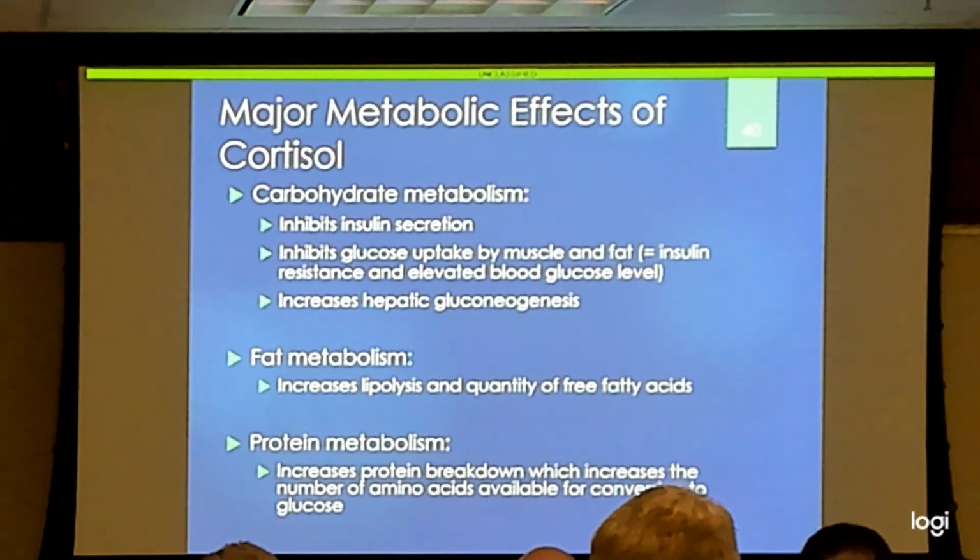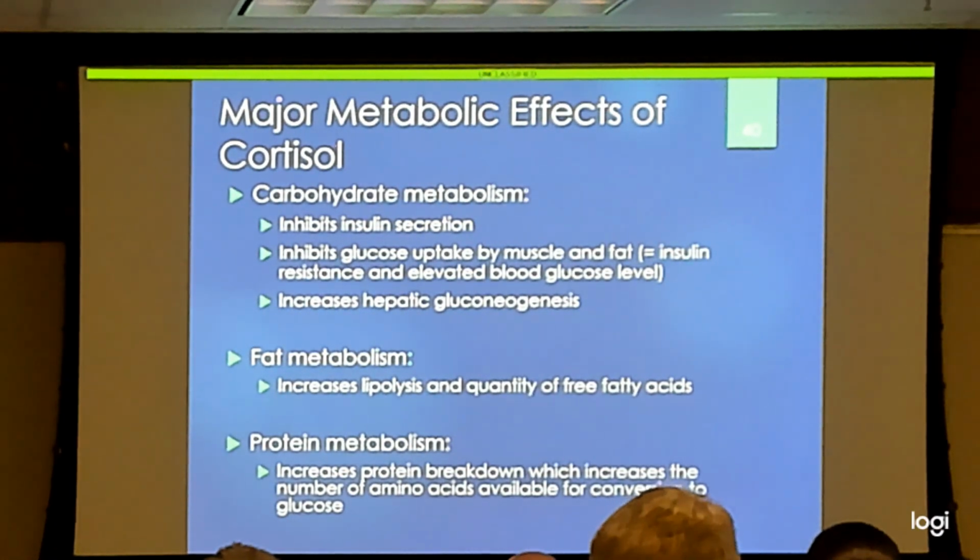All right. So you think about what happens to your metabolism. It changes the way you metabolize carbs, the way you metabolize fat, and the way you metabolize protein. So it goes everywhere. And especially think about this, carbohydrates is huge, right?